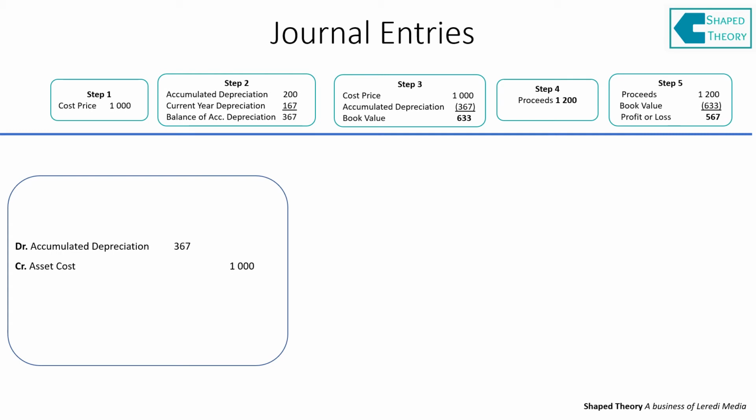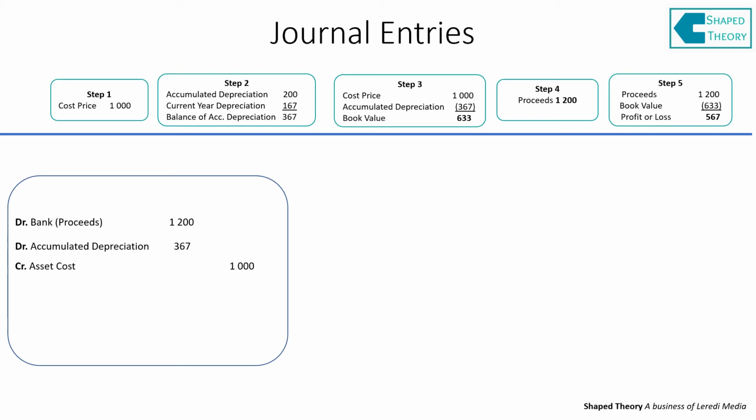The company received something for this sale, which is the proceeds in step 4. These proceeds in this instance are money received as a sale of this particular asset. This means that the company's bank account will increase by 1,200. Thus, we will debit the bank account with 1,200.